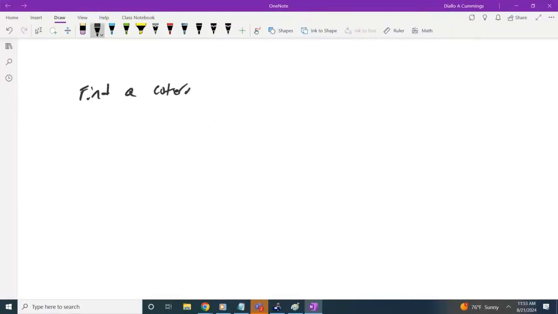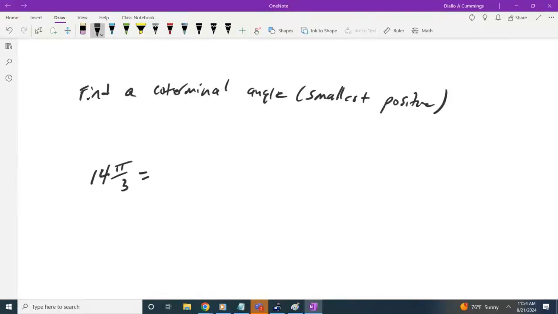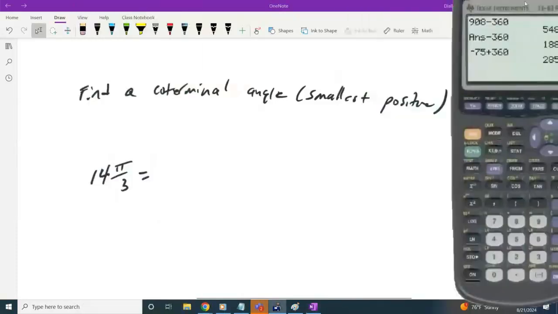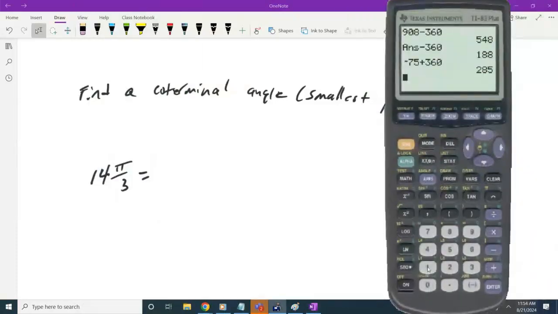Find a coterminal angle, and that's the smallest positive. 14 pi over 3. Well, first off, I'm just going to treat pi as 180 degrees.